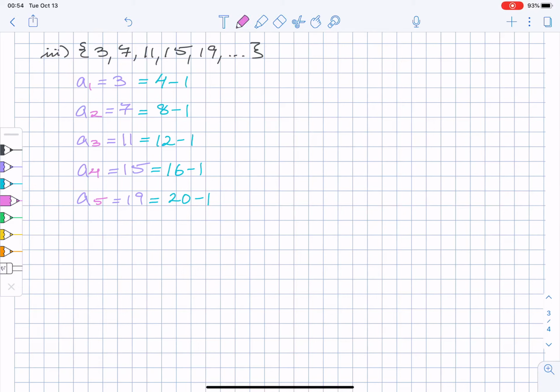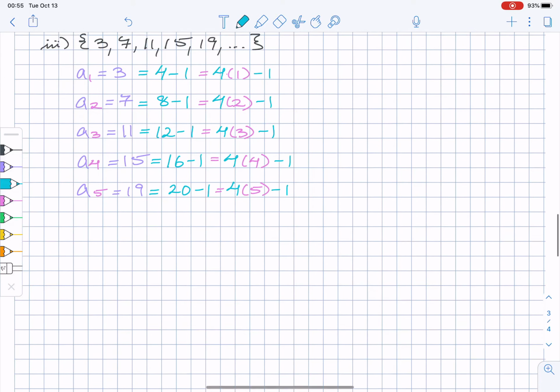So what is 4? 4 is 4 times 1 minus 1. What is 8? It's 4 times 2 minus 1. What is 12? That's 4 times 3 minus 1. What is 16? That's 4 times 4 minus 1. What is 20? It's 4 times 5 minus 1.